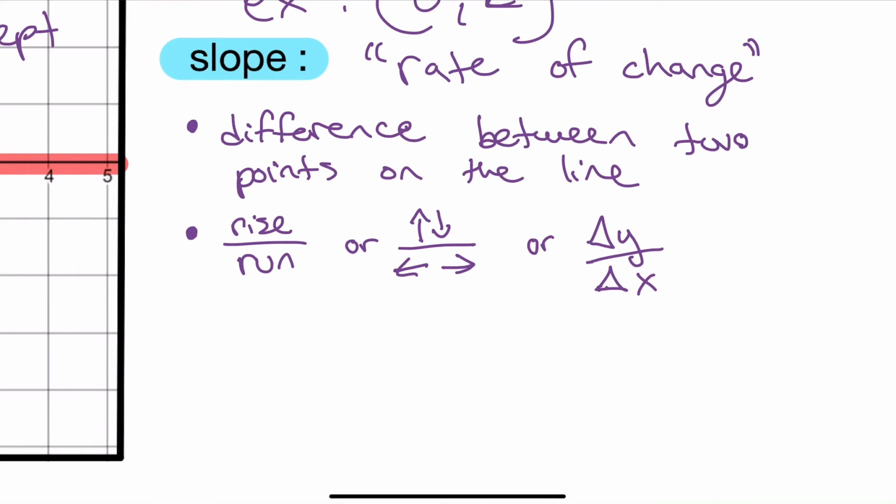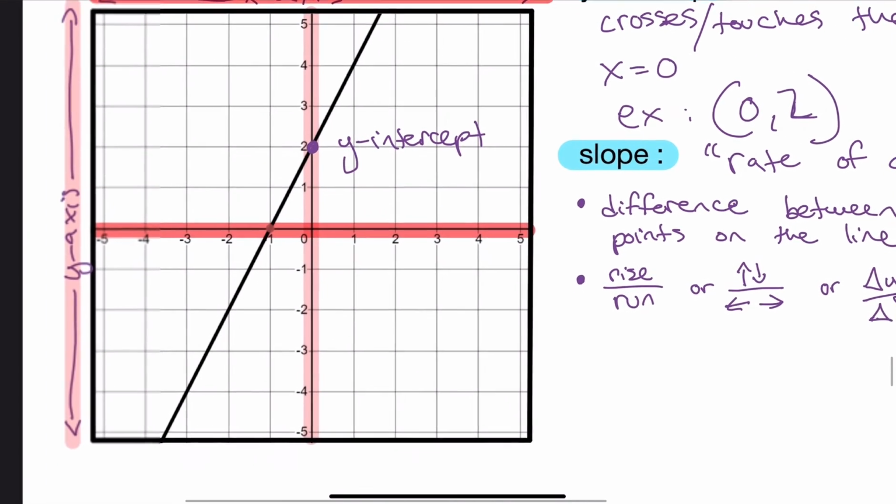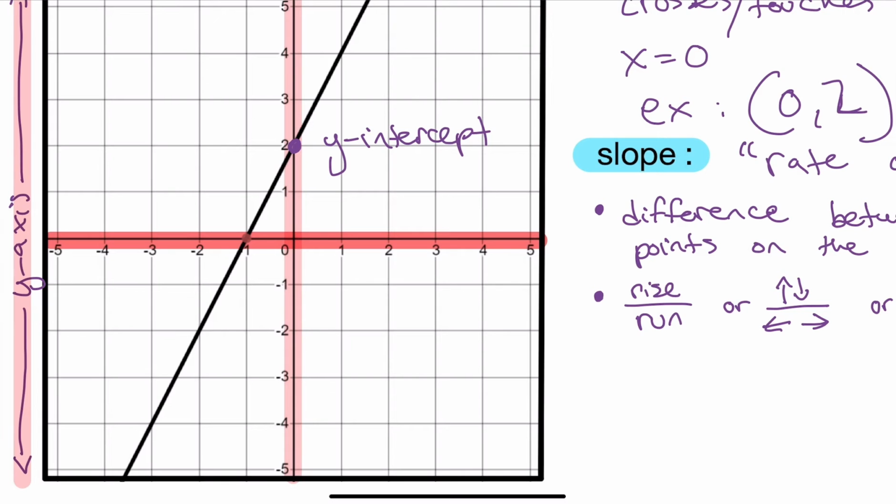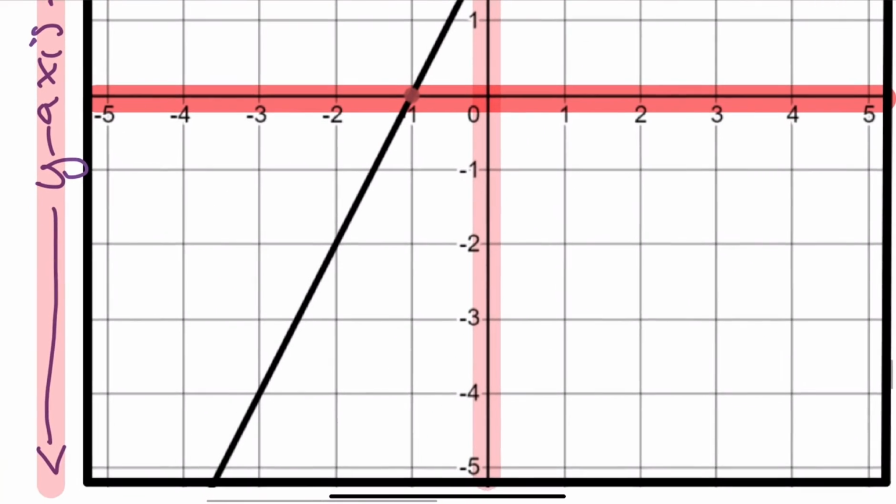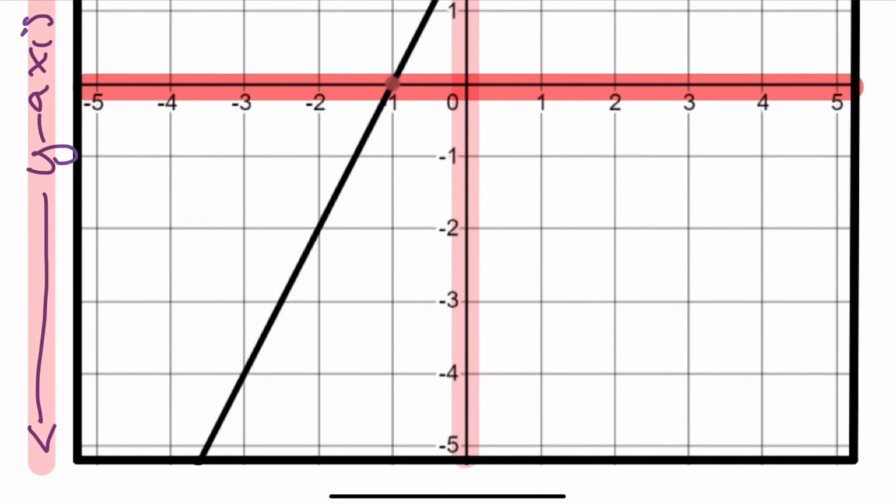Okay, so let's take a look at our graph for this. All right, so I'm going to take a look at this lower quadrant down here. So I want to find 2 points. I'm going to take this one and this one. That is 2 points on our graph. I want to find the difference between the two. I want to find the rise and the run.